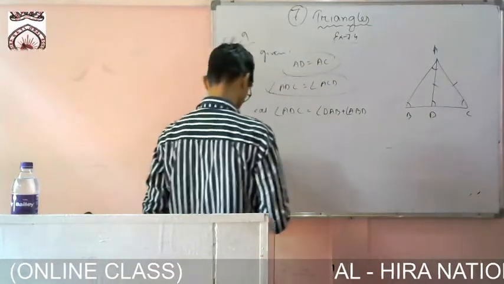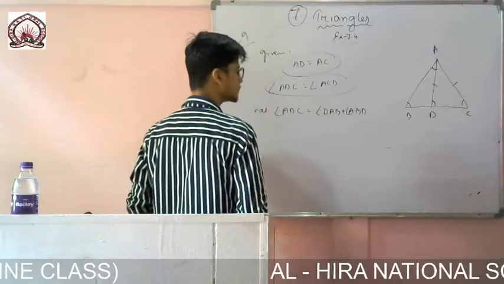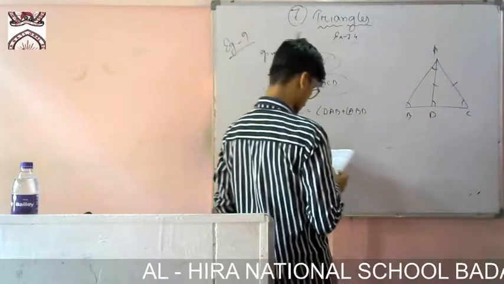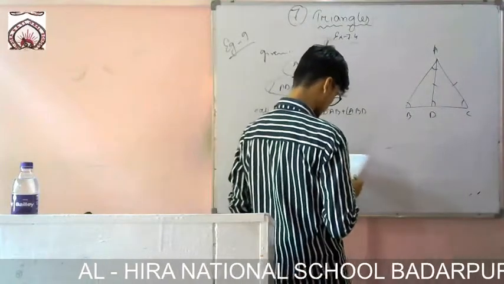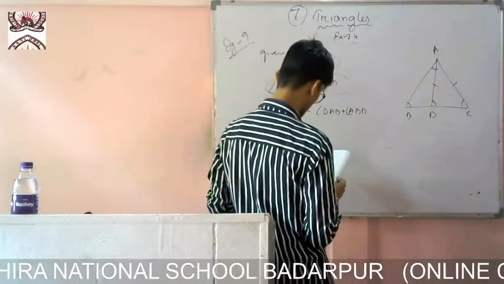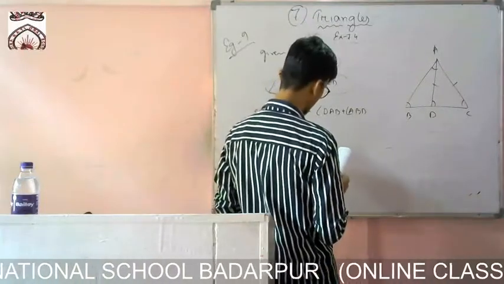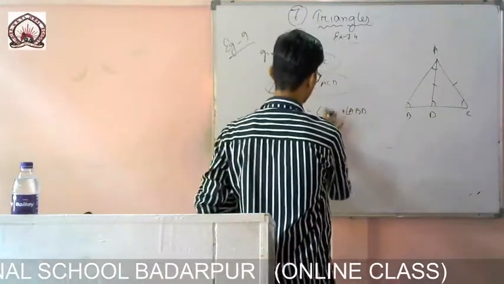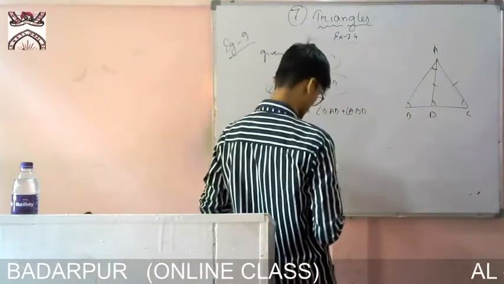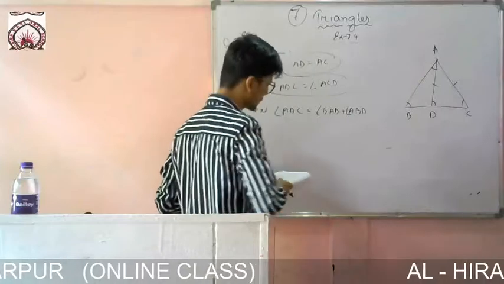And another one, ADC is an exterior angle of triangle ABD, it is given. So exterior angle ADC will be equal to DAB, or whatever you write, BAD. You write it as BAD plus ABD.